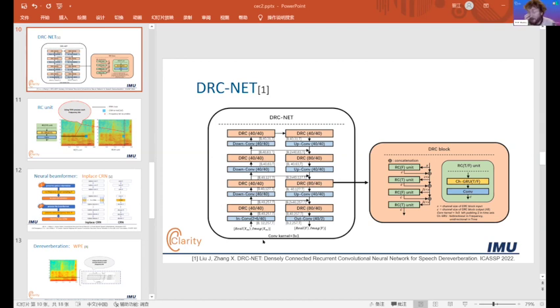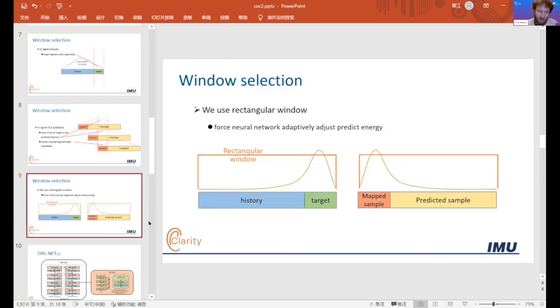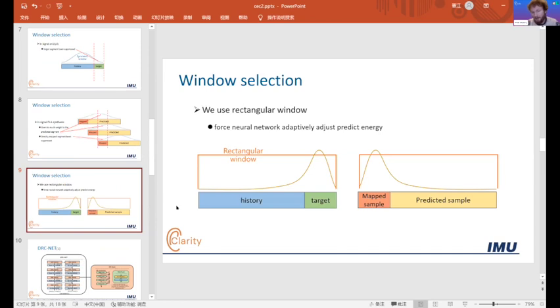And I noticed when you were showing the window function that you used, you had an exponential function traced over there. Was there any reason you didn't use that function as a window rather than the rectangular window?